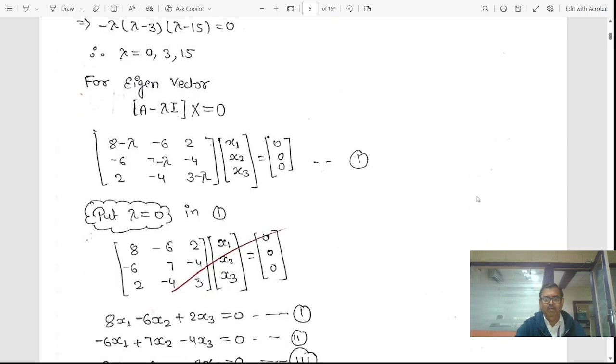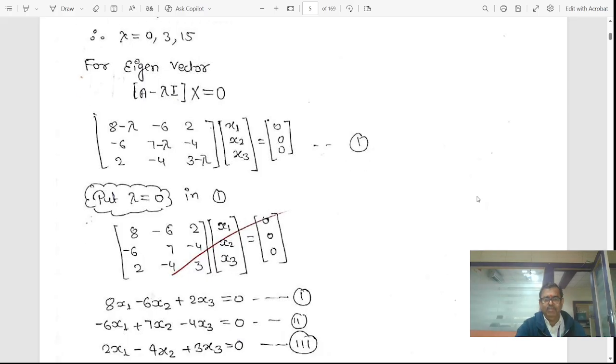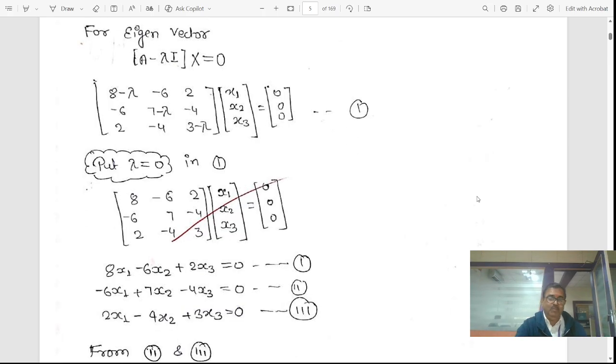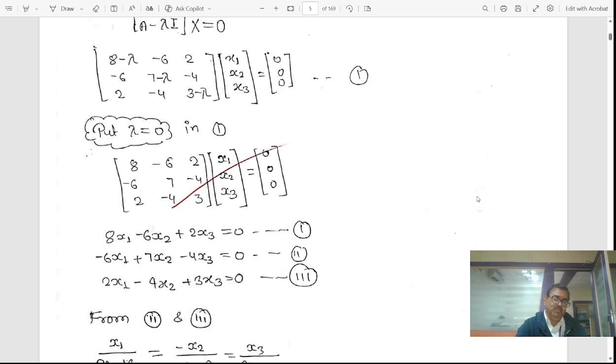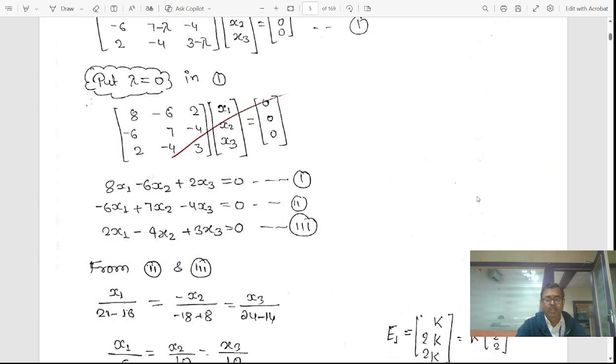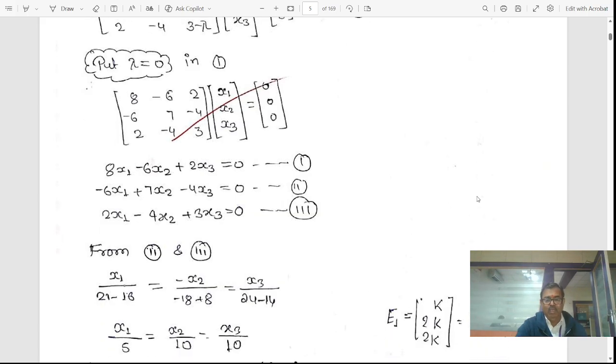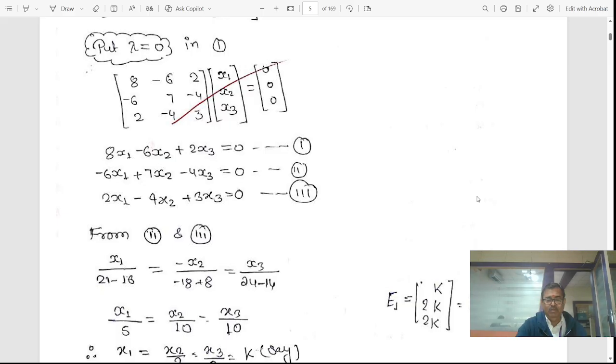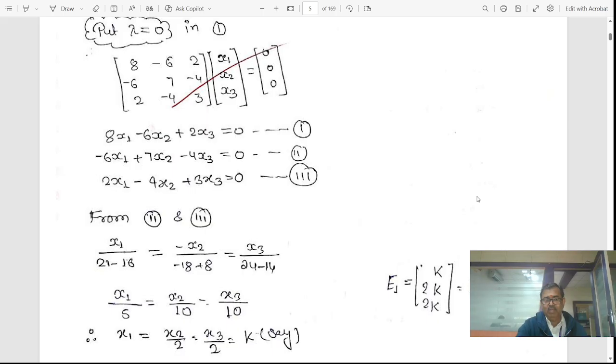So equation 1 becomes [8, −6, 2; −6, 7, −4; 2, −4, 3] multiplied by the matrix [x1, x2, x3] equal to [0, 0, 0]. After multiplication of the matrices, we get 3 equations in 3 variables. Taking the last 2 equations and applying the formula given previously, x1 upon the principal diagonal minus off-diagonal equals minus x2 upon the principal diagonal minus off-diagonal equals x3 upon the principal diagonal minus off-diagonal.